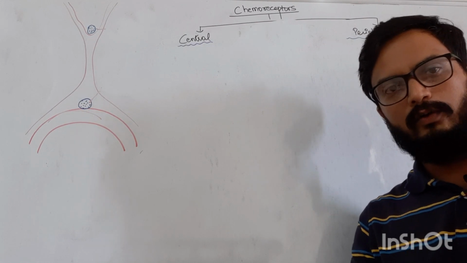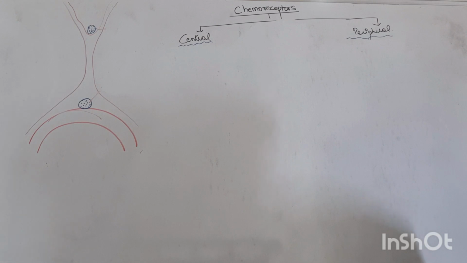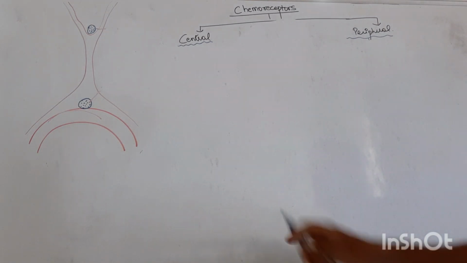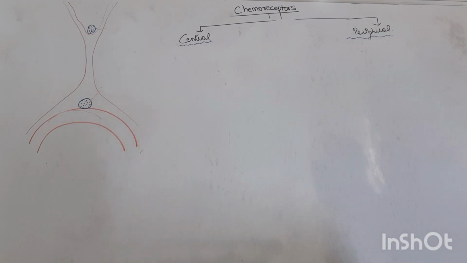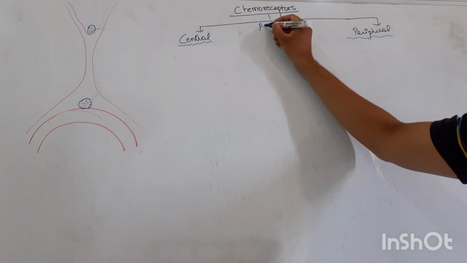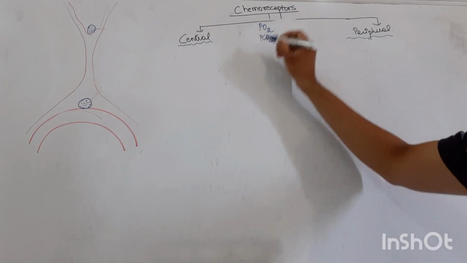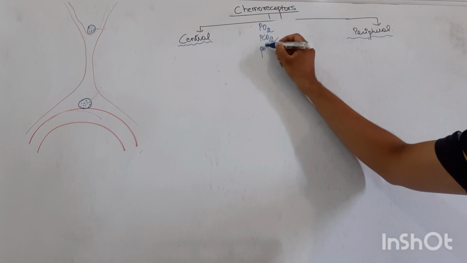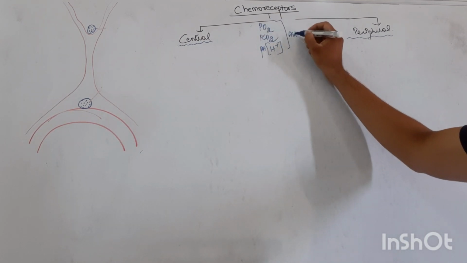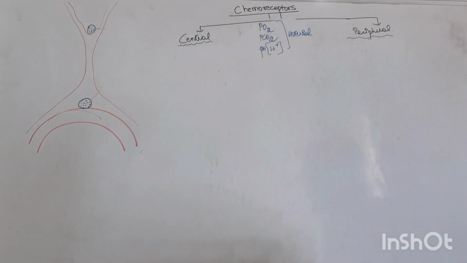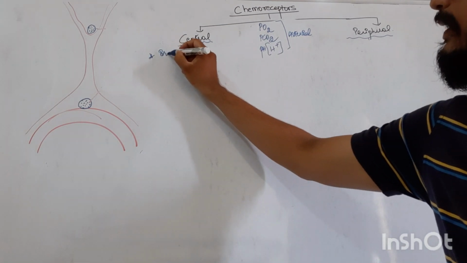So now we will see how the chemoreceptors help in the regulation of respiration. The chemoreceptors can be divided into the central chemoreceptors and the peripheral chemoreceptors. The chemoreceptors are sensitive to changes in the partial pressure of oxygen, carbon dioxide and pH or the hydrogen ion concentration, especially on the arterial side. The central chemoreceptors are present in the brainstem.